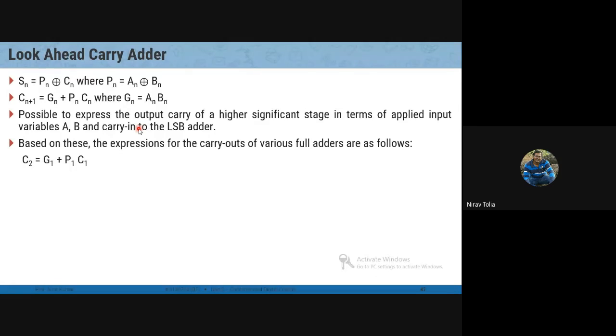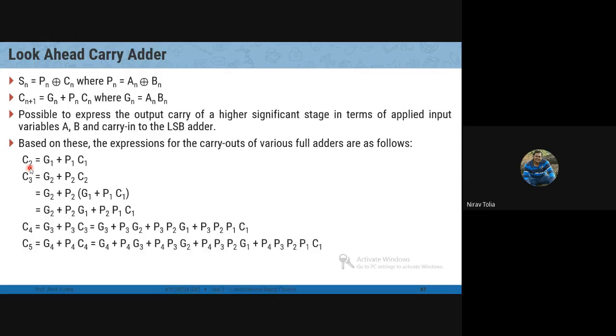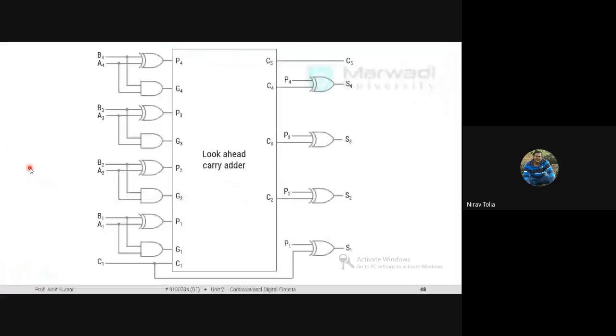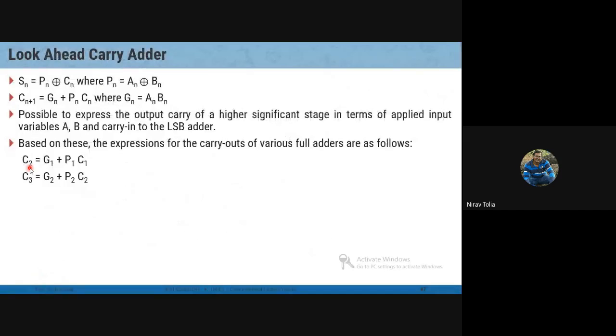Okay. So what is C2? Okay, starting with C1, let me write down what is C1. What is C1? Carry 1.